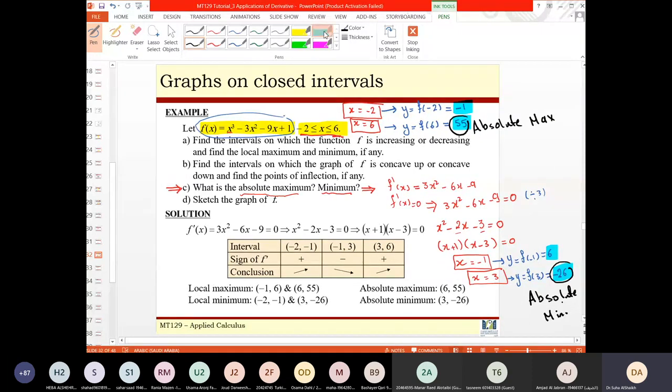So you can see this here. The absolute maximum is this. The absolute minimum is the 3 and the minus 26. Yeah, لازم steps. لازم steps. You got it?